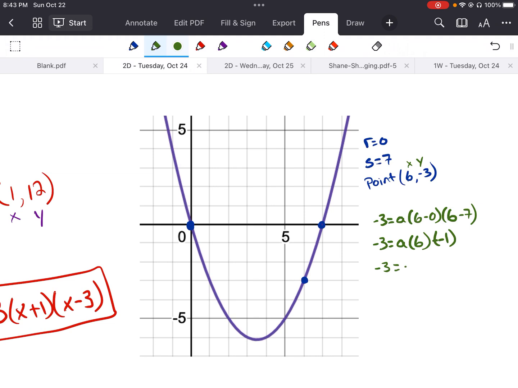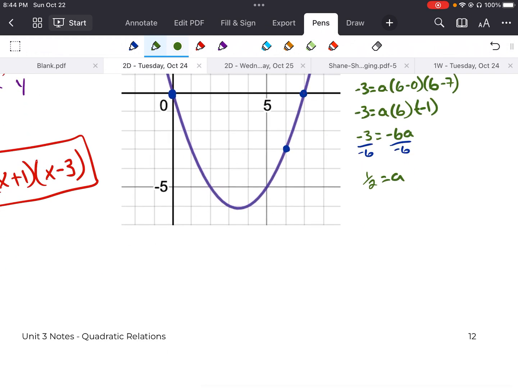So negative 3 equals negative 6a. Divide both sides by negative 6. And a is 1/2. So therefore the equation is y equals 1 over 2, again, don't need an x minus 0, so x minus 7.